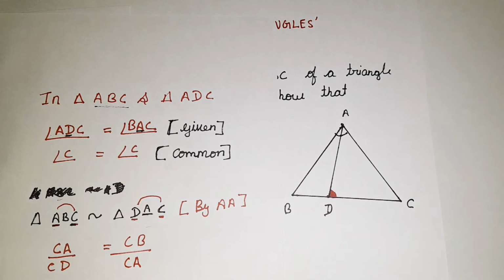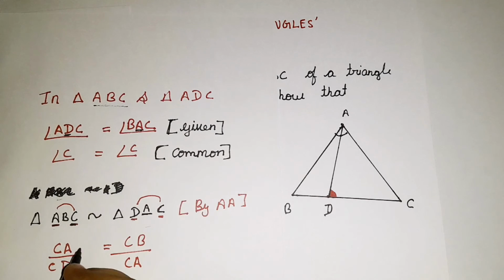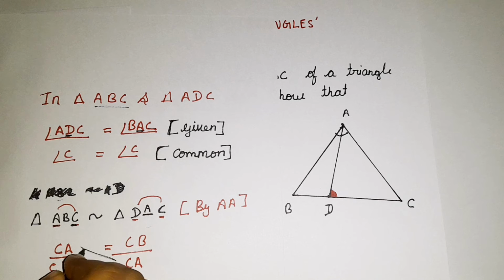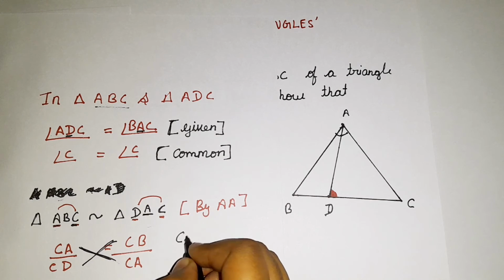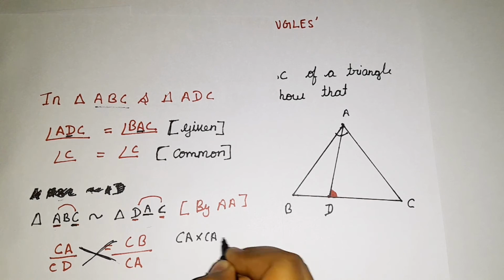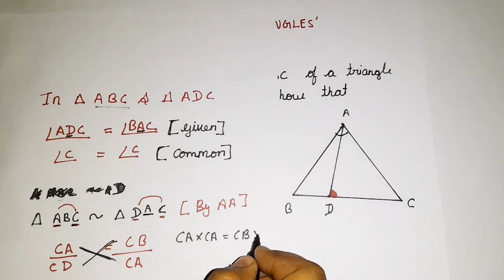Now let us do cross multiply. Am I right? So when we do cross multiply, I'll write it here, CA into CA is equal to CB into CD.